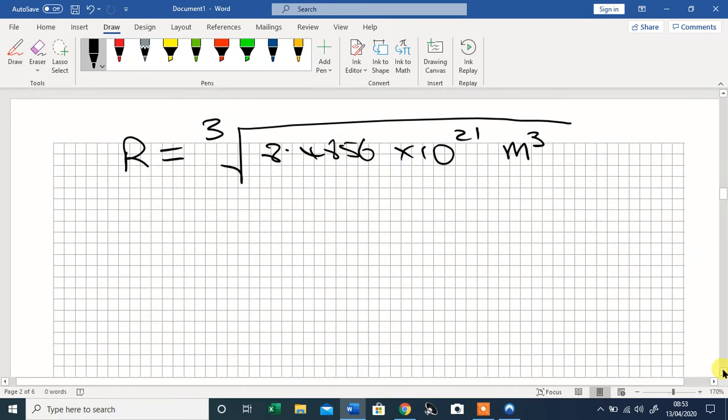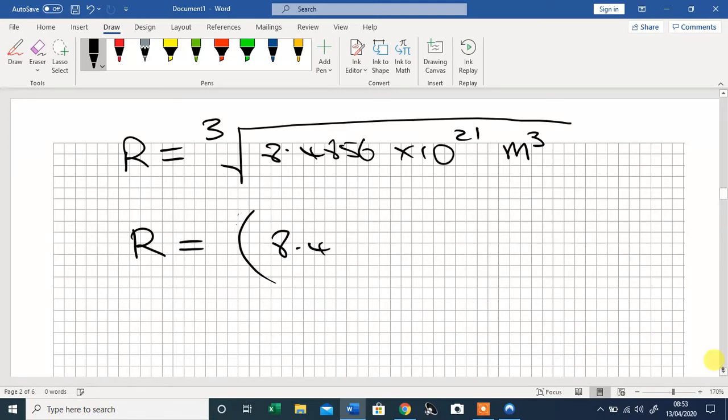I like to explain all my steps so that if anyone isn't sure, hopefully they will be able to understand at least one part of the method. So this is the same as writing 8.4856 times 10 to the 21 meters cubed, all to the power 1/3.